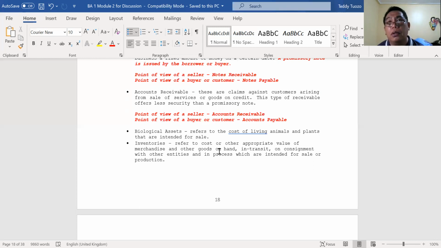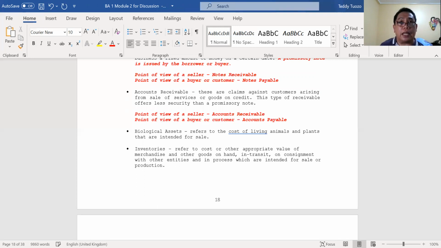Kung magtanom ka ng mga plants or mga vegetables, are biological assets. But what about for trees that bear fruits? The biological assets there under current assets are the fruits itself, no? But the trees are non-current assets.